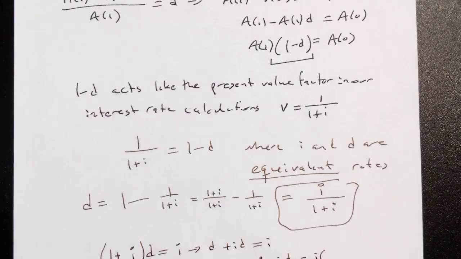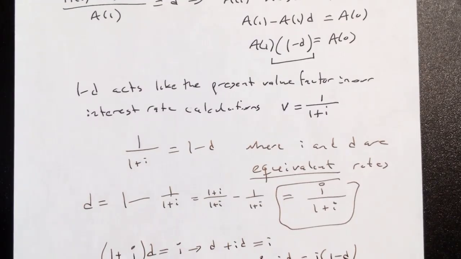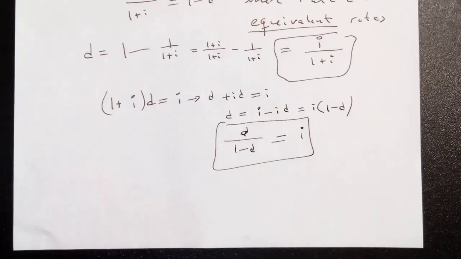Factor that out, I get I times 1 minus D. So I is D over 1 minus D. If you know the discount rate, you can figure out the interest rate. Let's check.